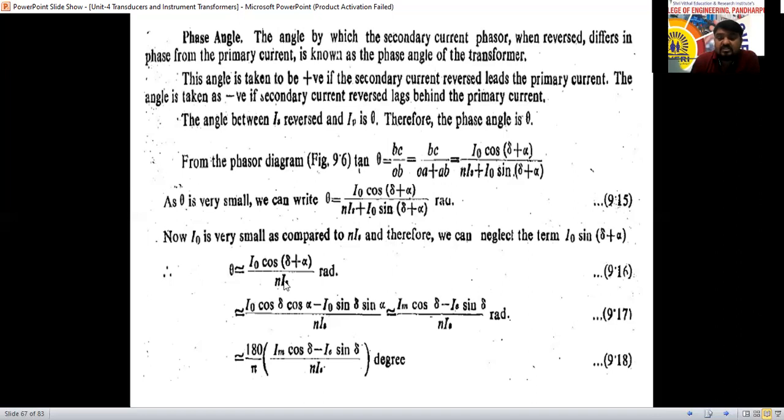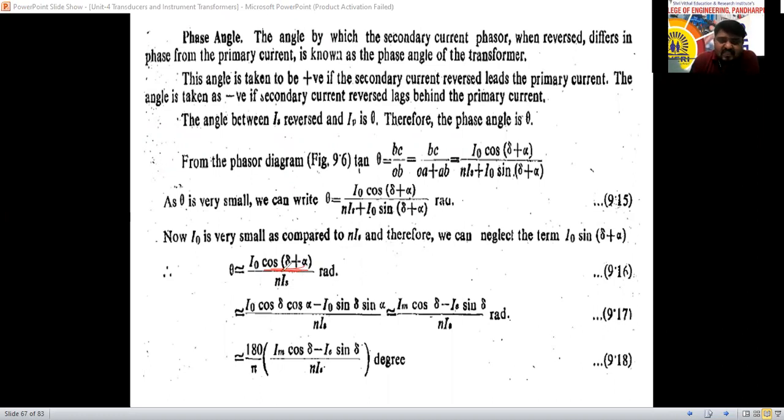From this, again, they have not stopped here only. They have considered the cos A plus B formula. Do you know the cos A plus B formula? No?